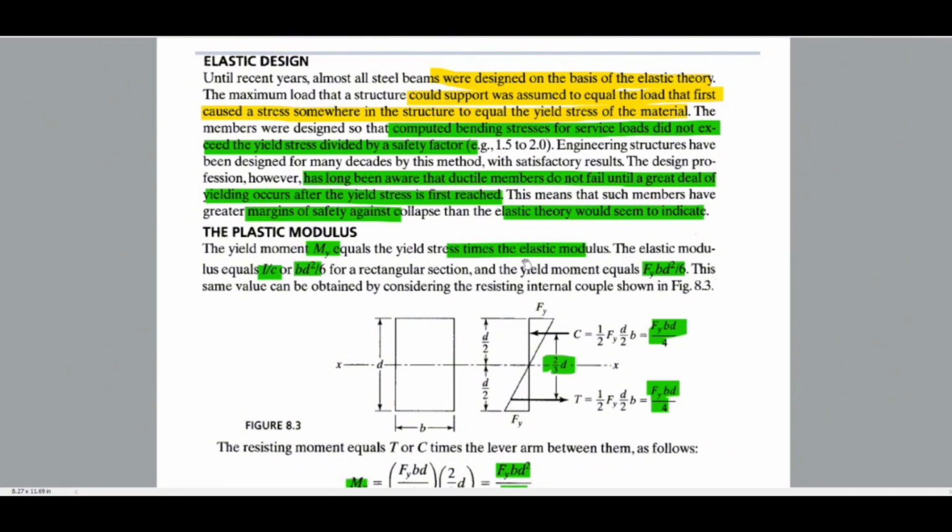Engineering structures have been designed for many decades by this method with satisfactory results. The design professional, however, has long been aware that ductile members do not fail until a great deal of yielding occurs after the yield stress is first reached. This means that such members have greater margins of safety against collapse than the elastic theory would seem to indicate.